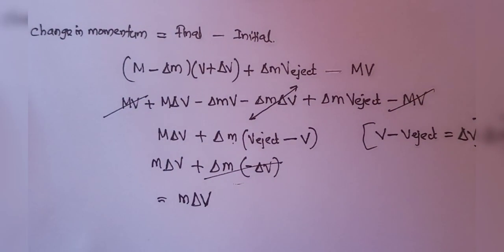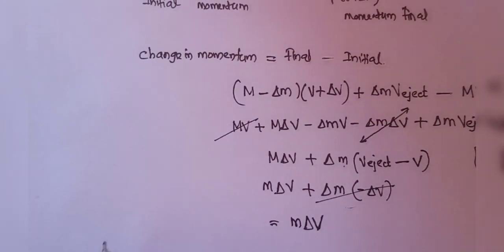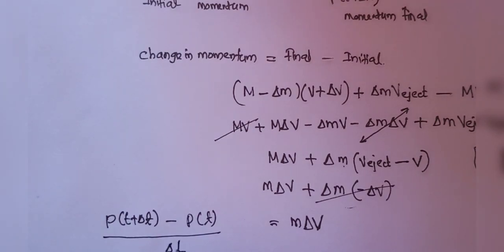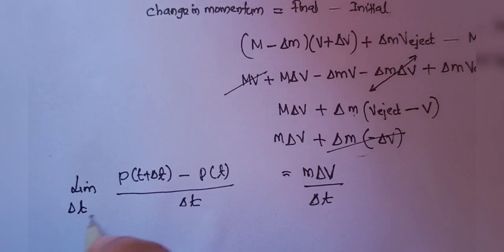Now the change in momentum, as we have already seen, is p of t plus delta t minus p of t, which is equal to m into delta v. Now we divide the LHS and RHS by delta t, because this is happening over a very small interval of time, so we apply the limit as well. So limit delta t tending to 0, which you have already studied in your plus one calculus.